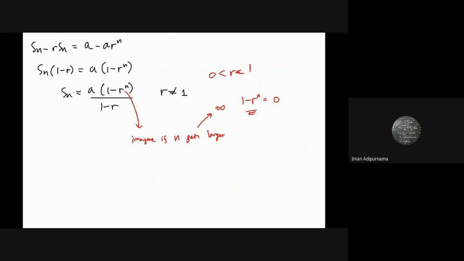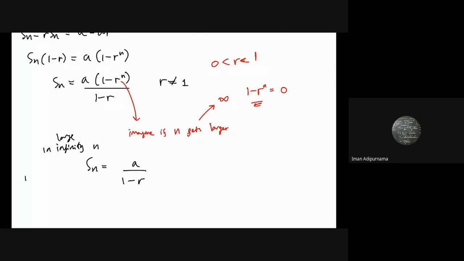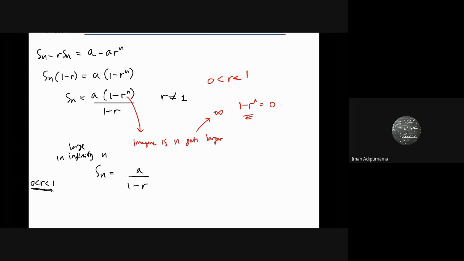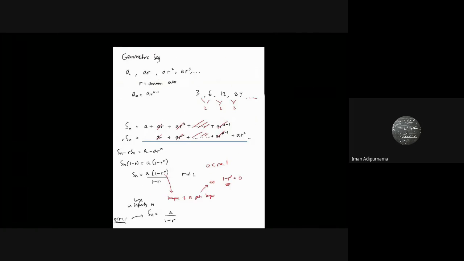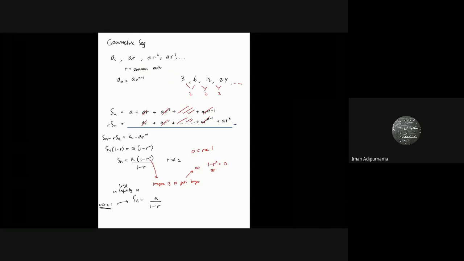So you will get Sn, and in infinity or for large n, this can be a over 1 minus r, but r should be a fraction. So you have the geometric sequence and the arithmetic sequence, and I hope you can understand the concept.